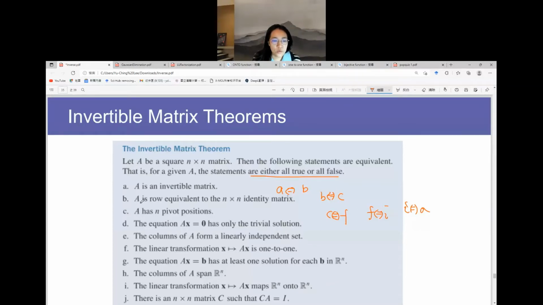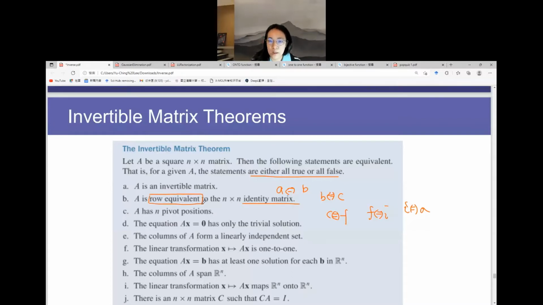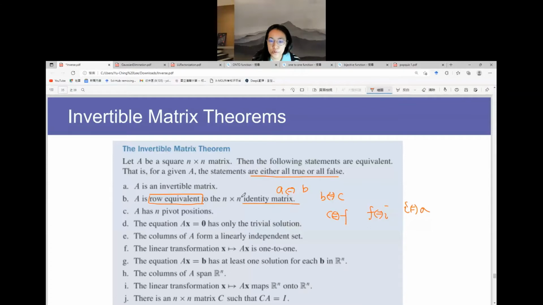So, the first one, we say A is row equivalent to the identity matrix. Do you still remember what row equivalent means? Row equivalent means that you are able to reach some matrix by the three fundamental row operations. 只要是可以透过三种 row operations 所得到的矩阵，那我们就说这些矩阵是 row equivalent.